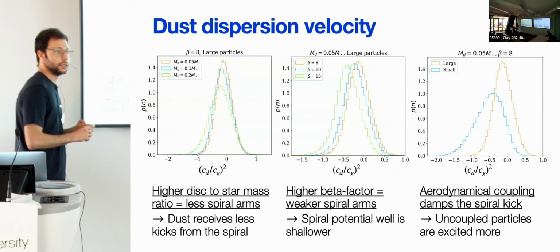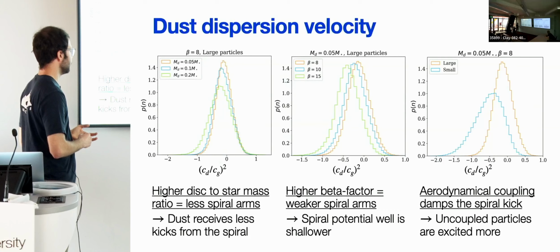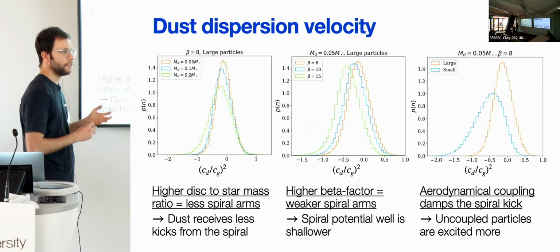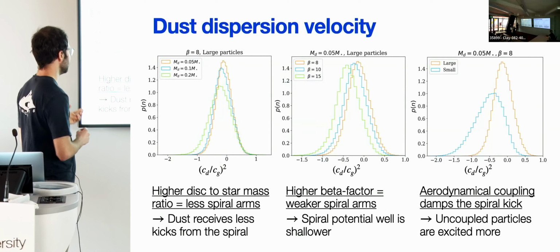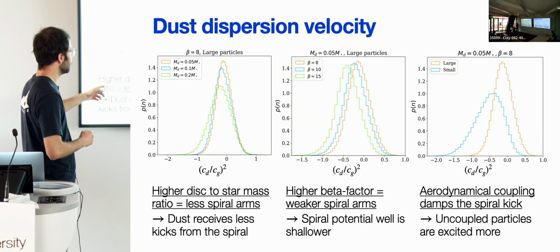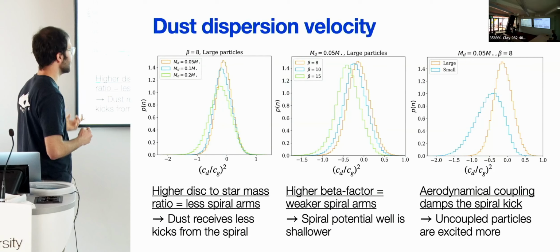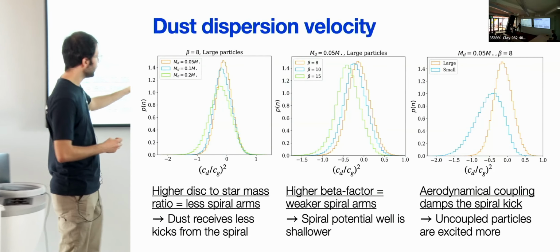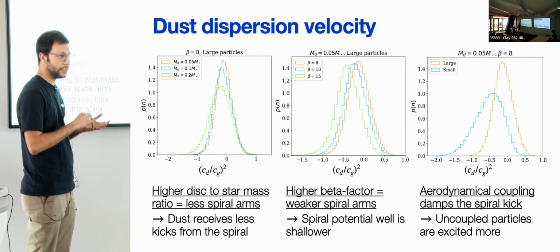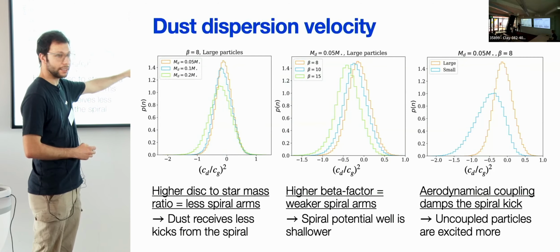Here, just to show you some histograms I've done. What we found is what we expected. For high disk to star mass ratio, we have fewer spiral arms, and so the dust is less excited. For a high beta factor, the spiral arm is weaker, and so the dust is less excited.